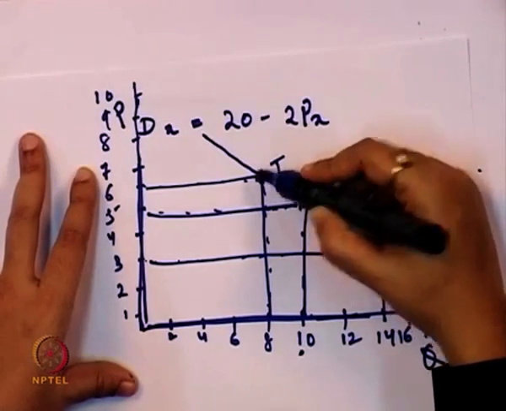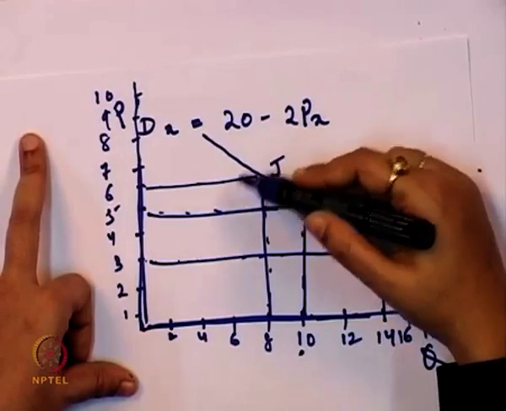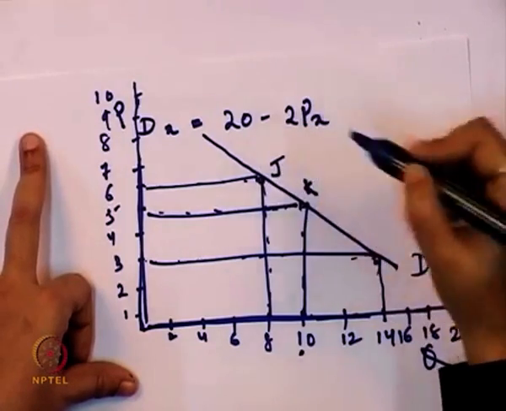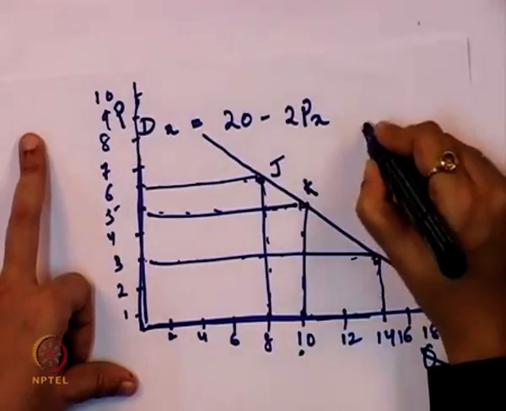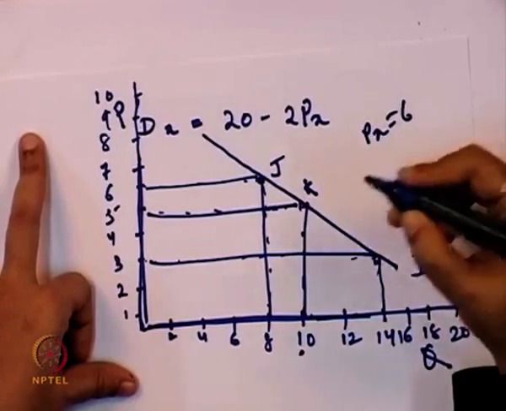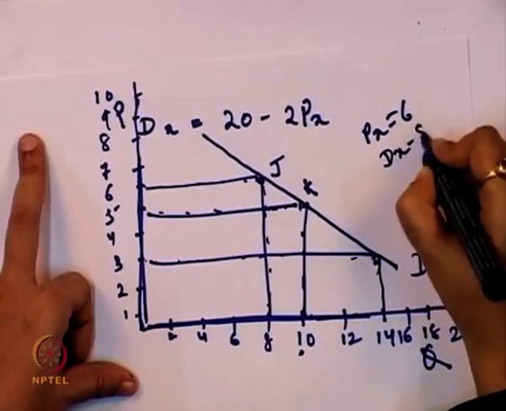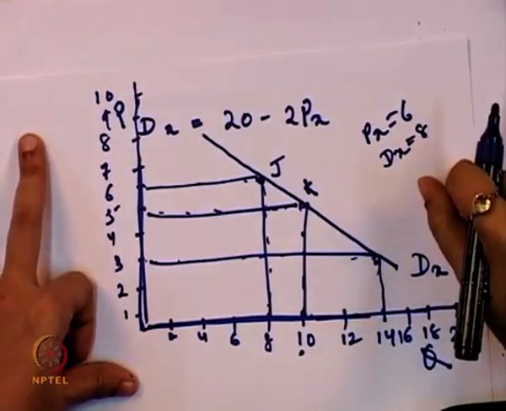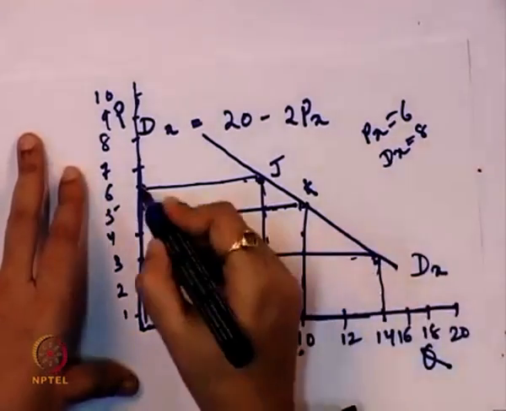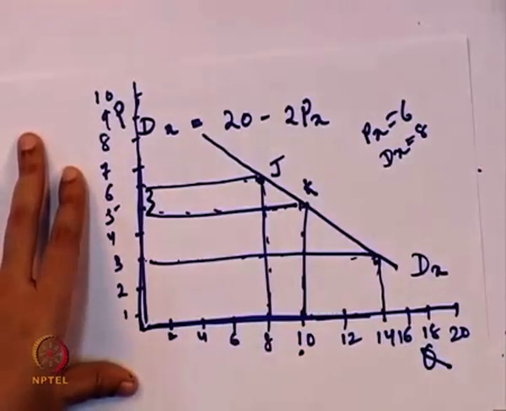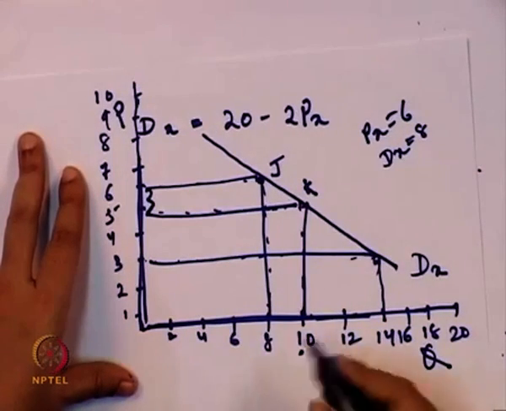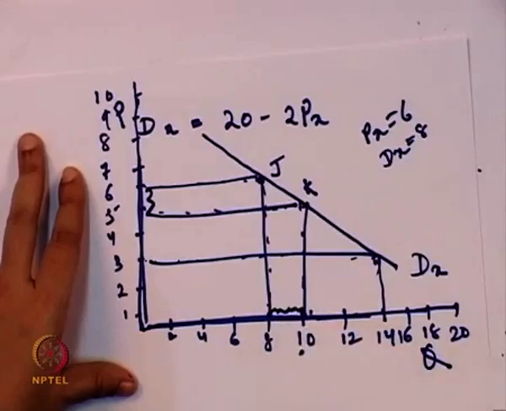the price. So, suppose the initial price, as we mentioned, Px is equal to 6. Okay. So, the quantity demanded is 8 with respect to that. Now, suppose Px decreases from 6 to 5. Quantity demanded increases from 8 to 10.